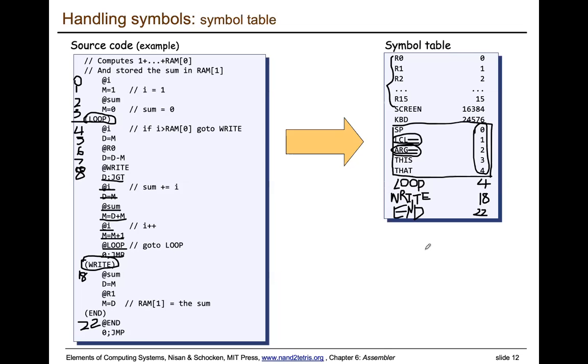So this is what we call the first pass. The major thing in the first pass is to set up the symbol table.